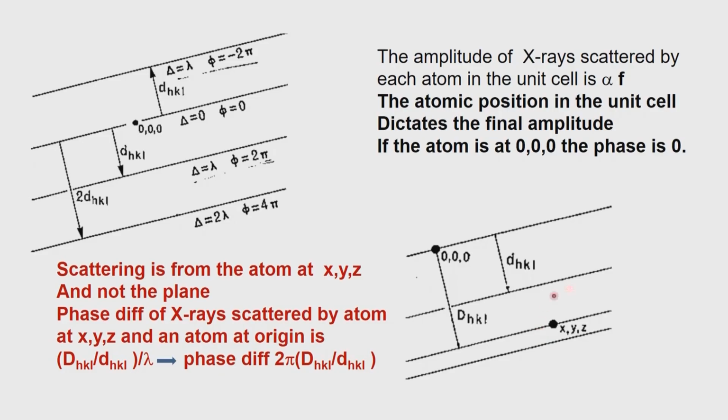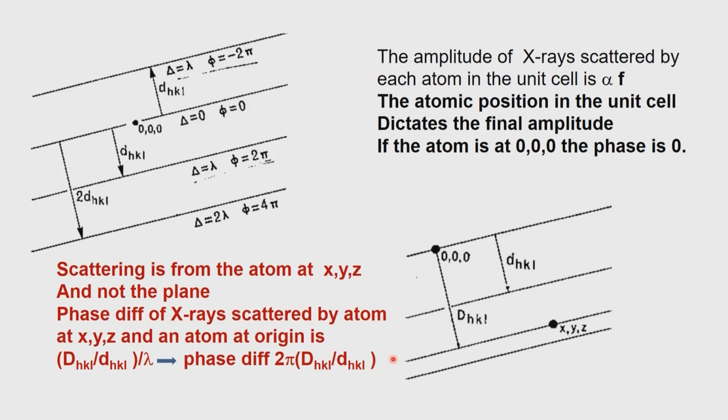So, that therefore will tell us the contribution from xyz could be maximum to certain DHKL planes, could be minimum to certain DHKL planes and so on. And therefore, the intensity that is associated with the d of HKL plane, the contribution of this atom xyz to that plane is very crucial, and that comes out from this calculation that phase difference will be 2 pi d of HKL by d of HKL.